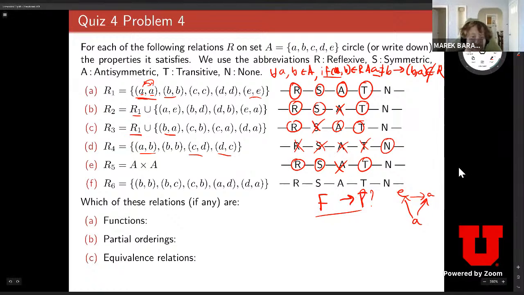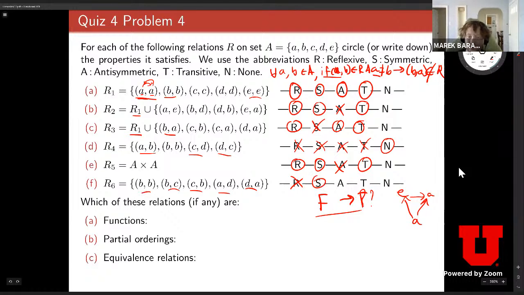And then finally, R6, is this reflexive? Nope. For instance, we don't have AA in there. Is it symmetric? Yes, it is. We have DA, AD, BC, CB, BB, so that's symmetric.